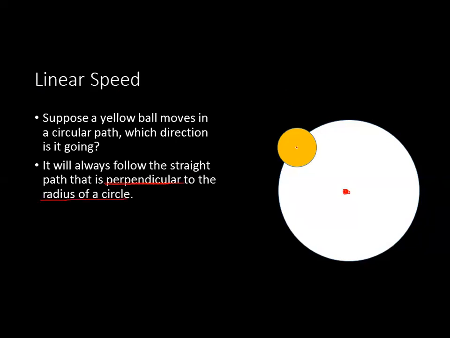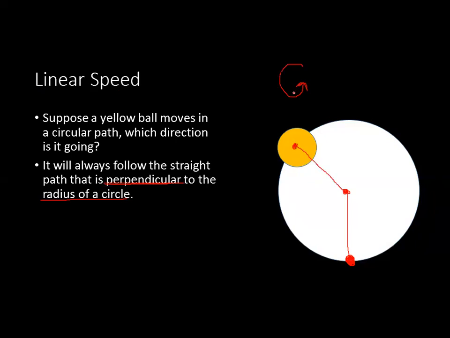So I said that this ball is revolving around the object counterclockwise, right? So let's just say the ball is here. This is, let's say, the final position. The ball is here, and these lines are the radius.